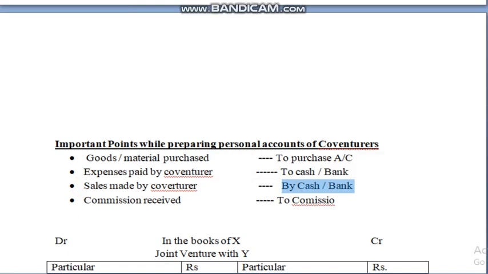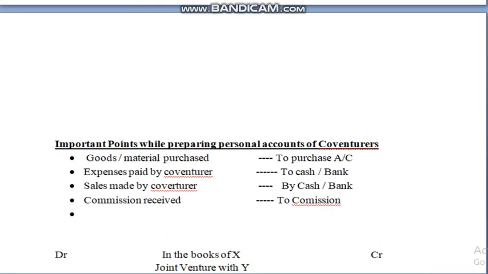Any commission received should be debited with the commission account. If any stock is taken over by a co-venturer, that should be credited with the purchase account.